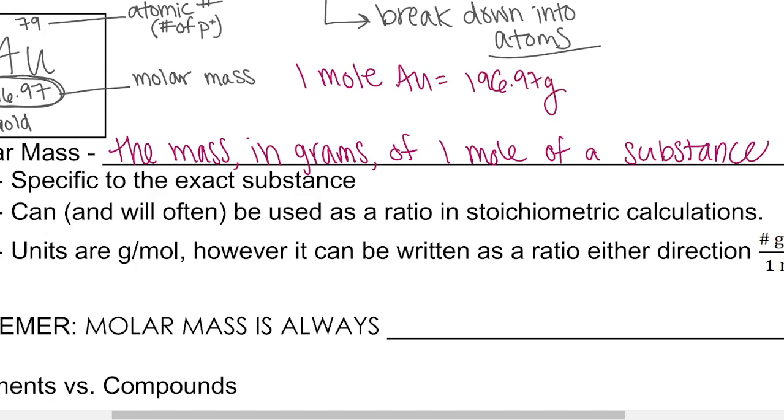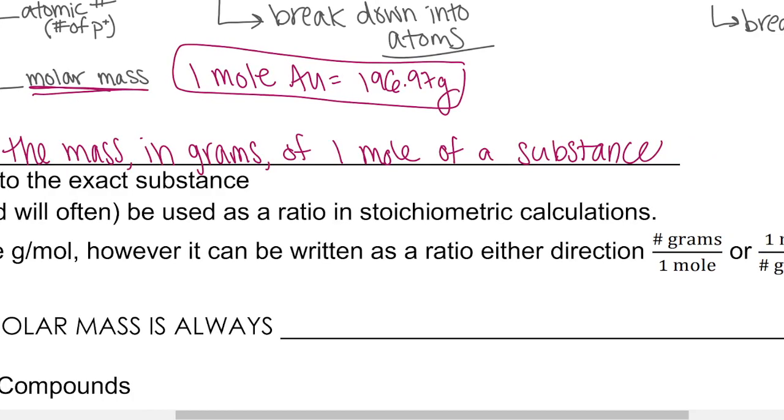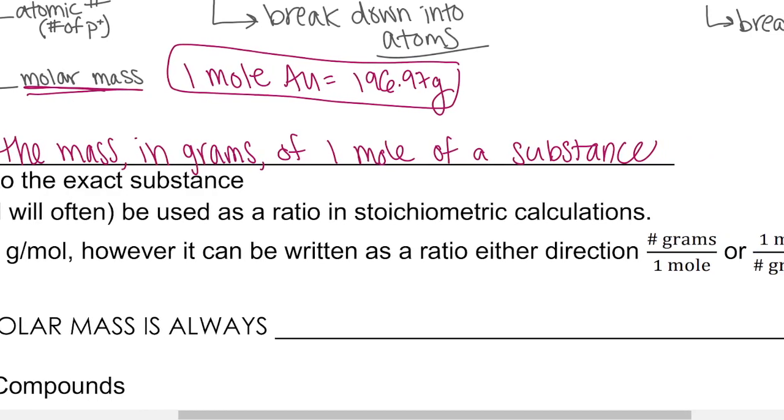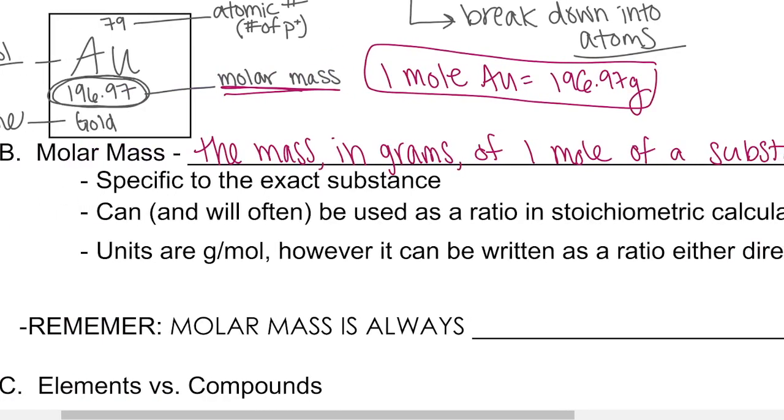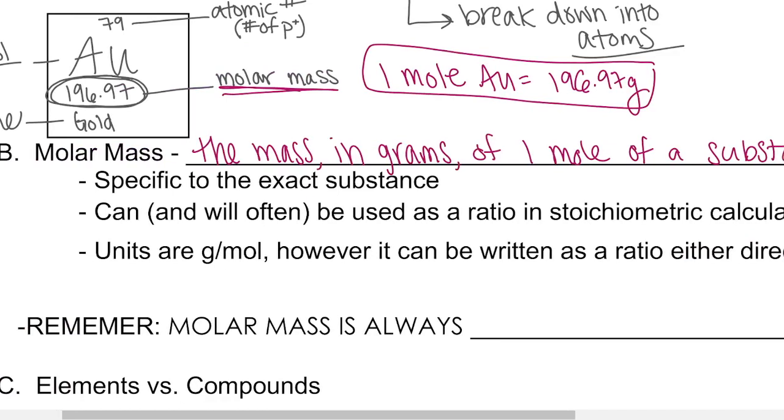Is this starting to look a little bit familiar? Okay. So 1 mole of gold weighs that much. That is why it is called the molar mass. The way that we'll usually write it is with the units of grams per mole like this.